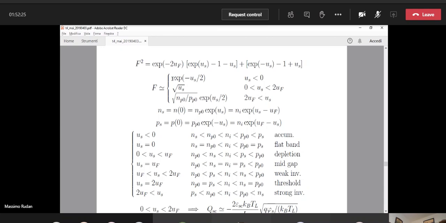The second limiting case is when US is positive and large enough to make this exponential here dominant. Okay, so take US positive and large.